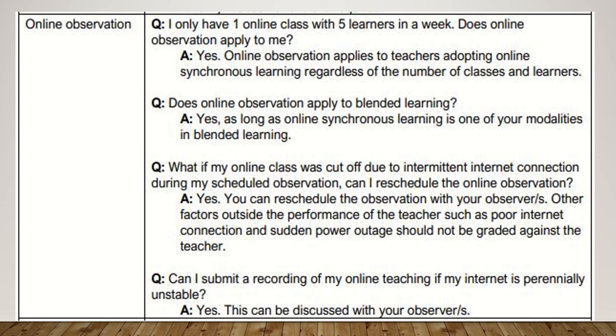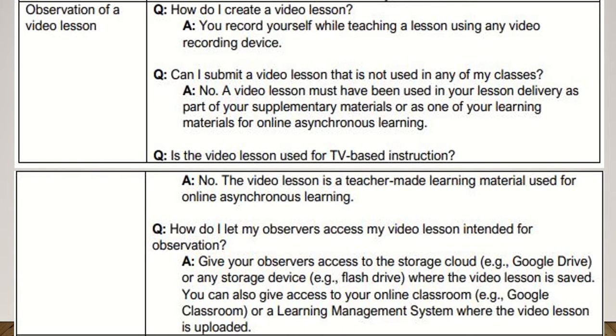Other factors outside the performance of the teacher, such as poor internet connection and sudden power outage, should not be graded against the teacher. Another question. Can I submit a recording of my online teaching if my internet is perennially unstable? The answer is yes. And this can be discussed with your observer or observers.